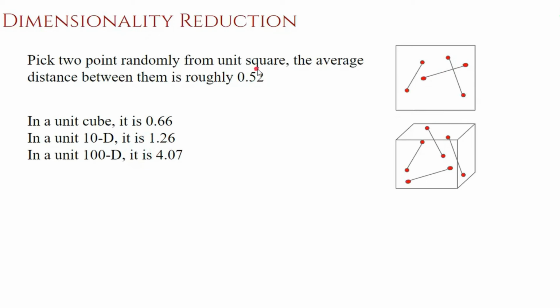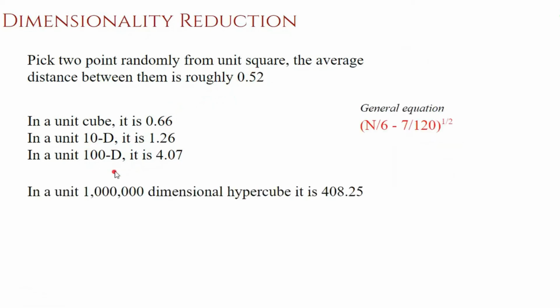So what do we notice here? The trend that we notice is that as the dimension increases, the average distance between any 2 points is also increasing. To the other extreme, let us even think about 1 million dimensions.